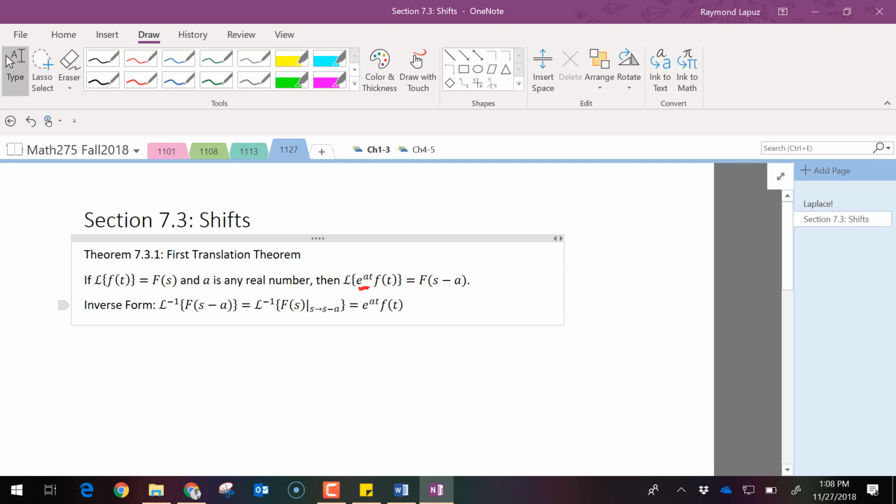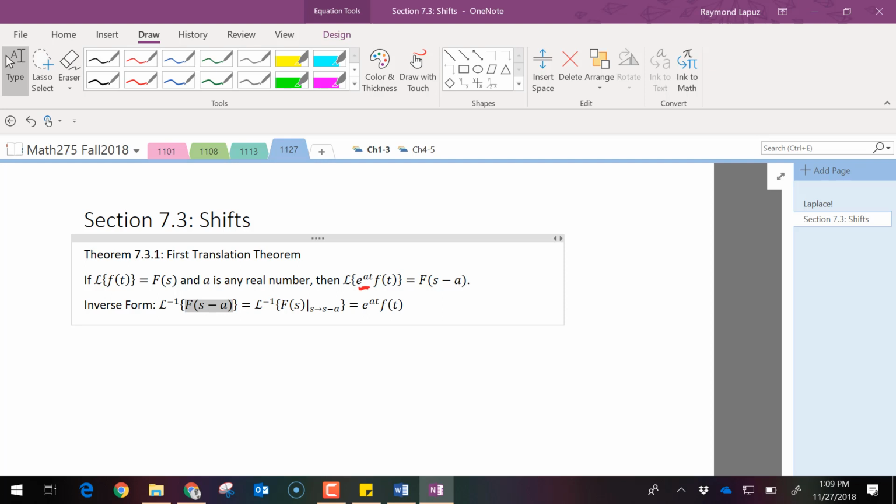This is more importantly used for the inverse Laplace transform, because there might be some times where we're going to see a function in the S world that we want to translate back to the T world, and it looks like that function is similar to one of the original functions that we looked at, except it's been shifted somehow.